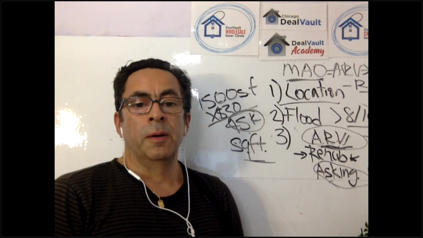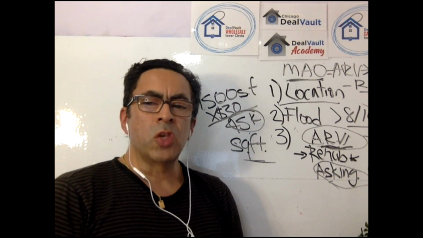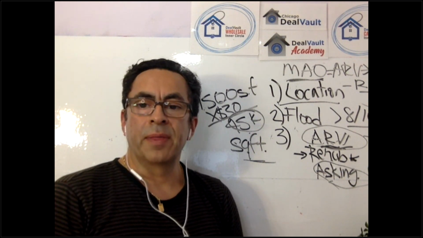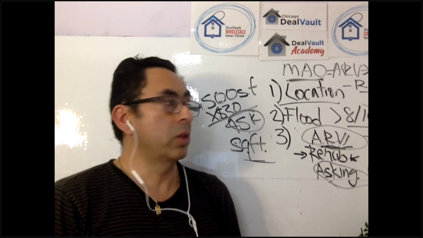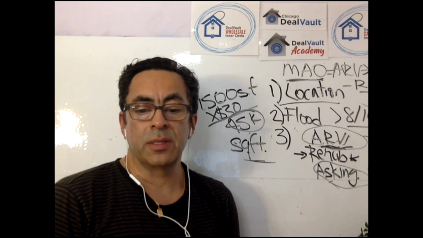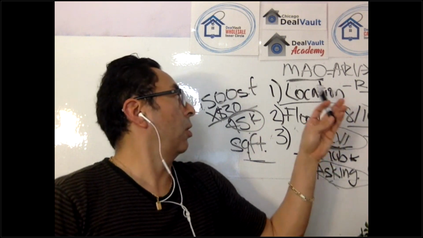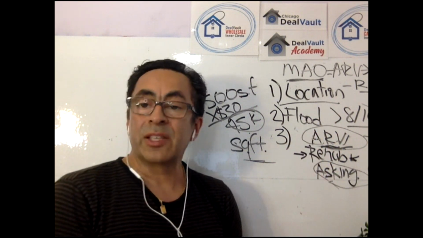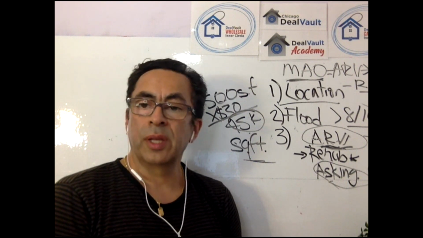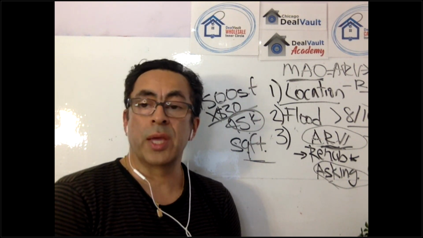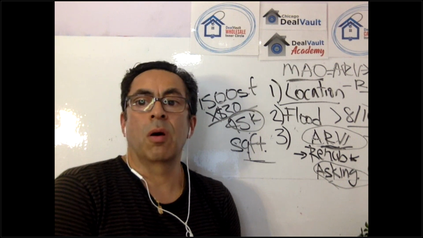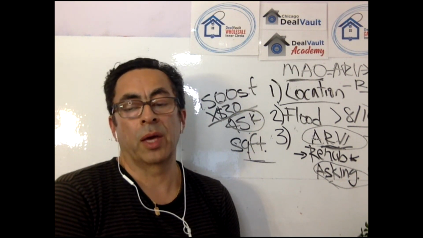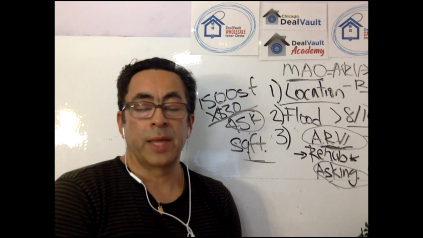Something else you need to keep in mind that are deal breakers when it comes to the deal analysis, aside from location and floodplains, are taxes. There are certain counties, or I should say neighborhoods, where the taxes are very, very high. Like Bellwood, taxes are super high.